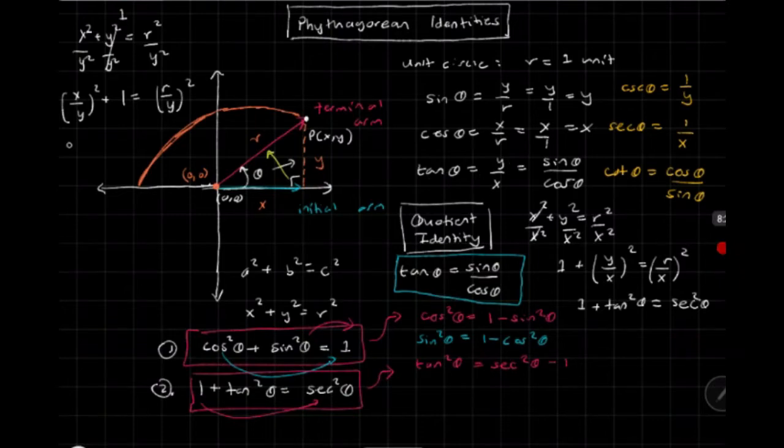So we have cotangent squared theta plus 1. R over y in this case is basically going to be 1 over y, which is equal to cosecant squared theta. Okay, so this brings up our third identity, right? Cotangent squared theta plus 1 is equal to cosecant squared theta.